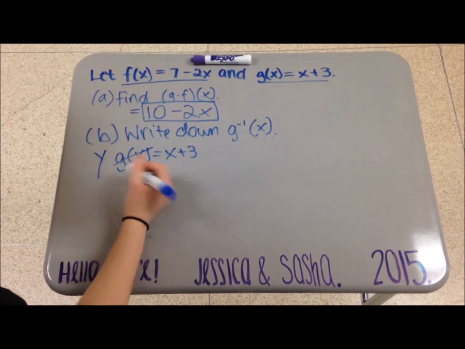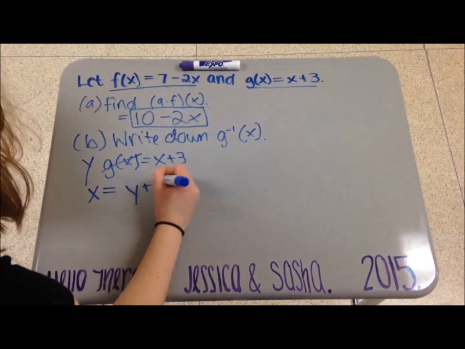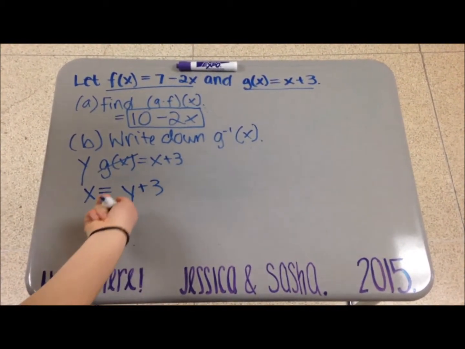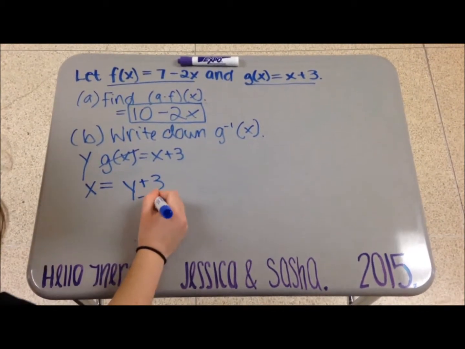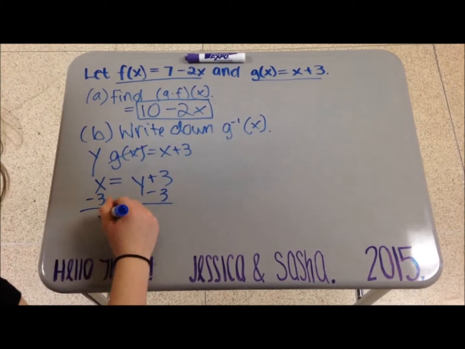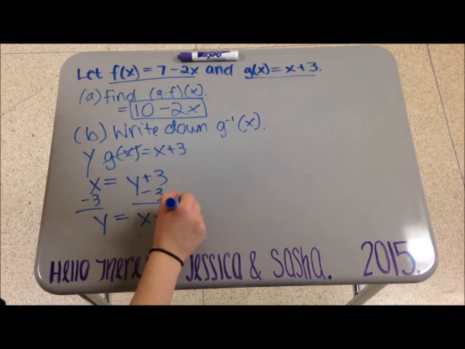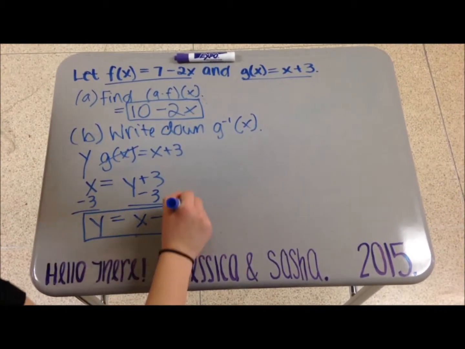So to get the inverse, you have x equals y plus 3, and you have to get the y on its own side. So you subtract 3 on both sides, and you have y equals x minus 3. That is the inverse of g of x.